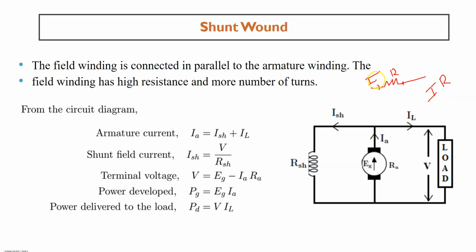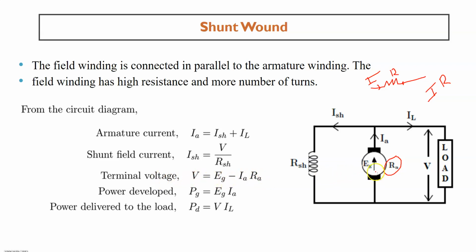Similarly, when the current IA is flowing through the resistance RA, the voltage drop across RA will be equal to IARA. So the net voltage available at the load will be the total voltage EG minus the voltage drop IARA.